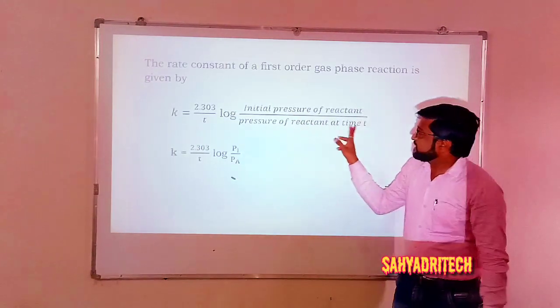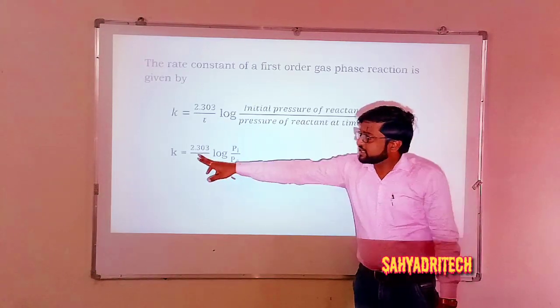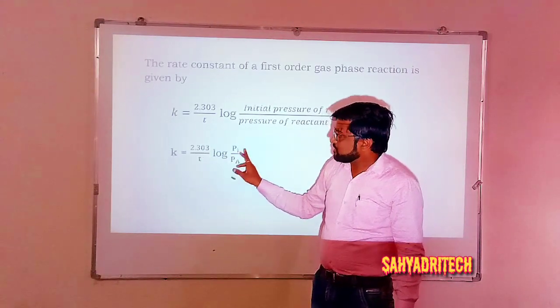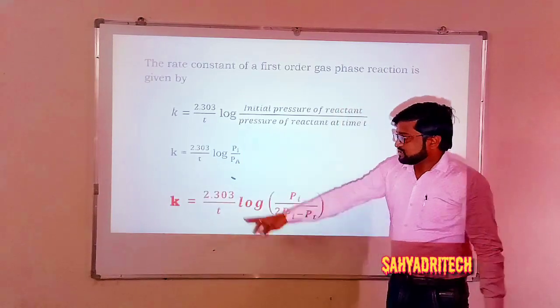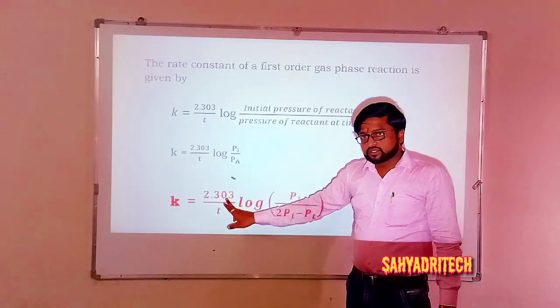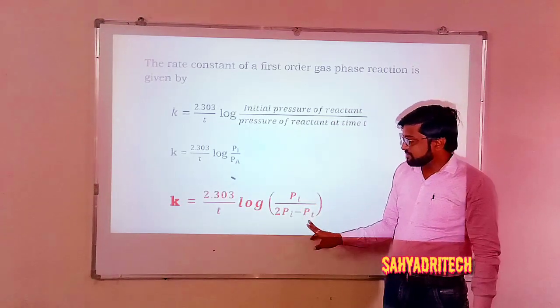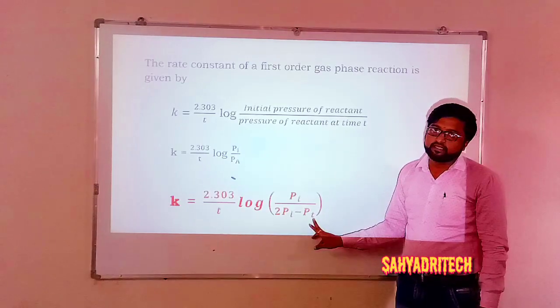What is the pressure of reactant at time T? We said Pa. So K is equal to 2.303 by T log of Pi divided by Pa, or else K is equal to 2.303 by T log of Pi divided by 2 Pi minus Pt.